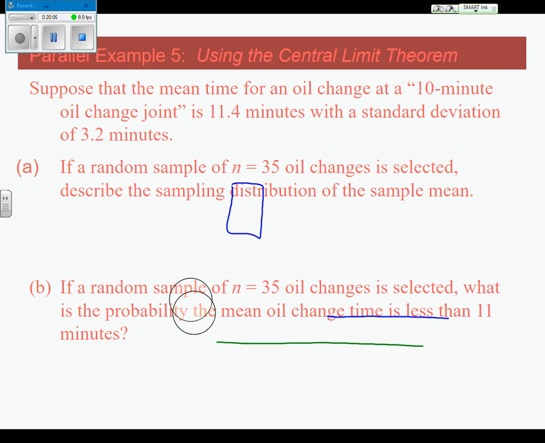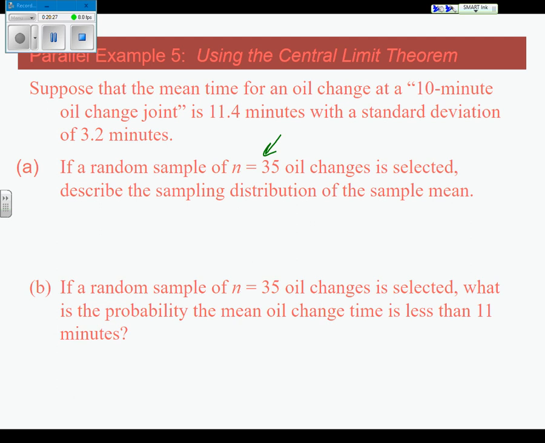So I really don't have to worry about it. As long as this n right here is getting large, I'm going to have something that's normal. What's large? Well, for right now, let's just say large is more than 10. We actually have a test for it, but I'm really not going to worry about it too much. As long as n is, we'll say 10 or more, we're good.